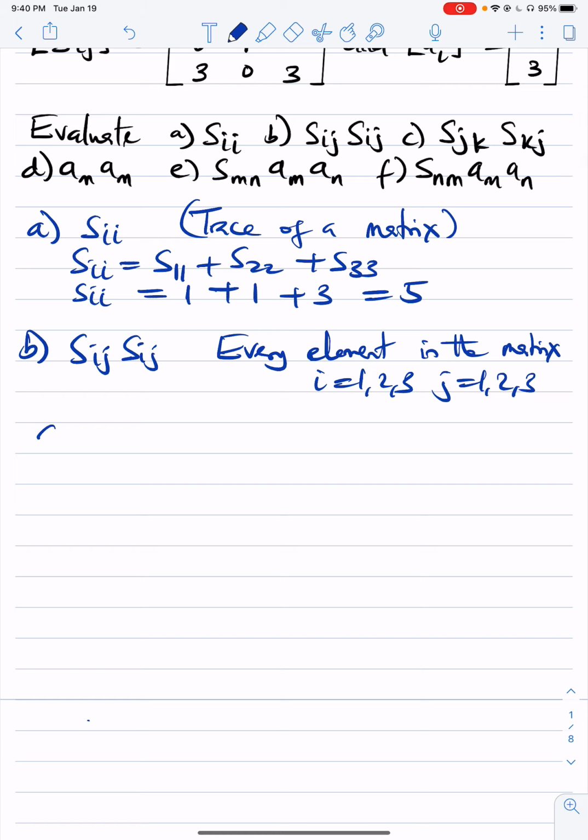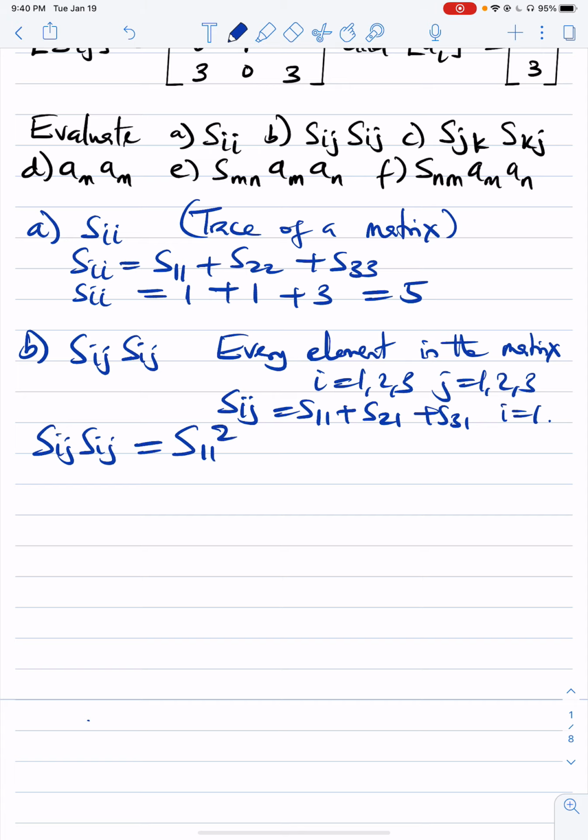So what that means is, if you have SijSij, let's start with i equals 1. It should give you S11 S11 plus S21 S21 plus S31 S31. Well, this is when i is equal to 1, right? You're going to do the same thing for i equals 2 and i equals 3.